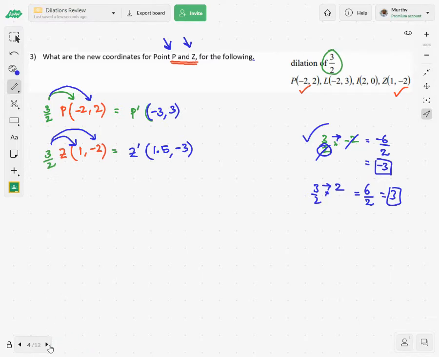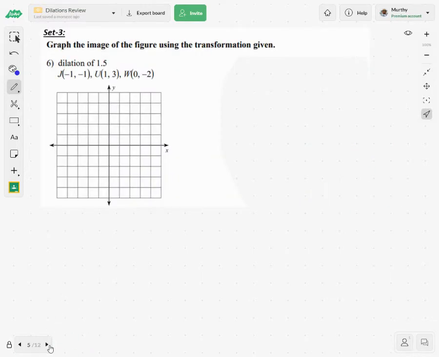Okay, let me move to the next one. Graph the image of the figure using the transformation given. As already explained in the previous questions, you know how to take these points.